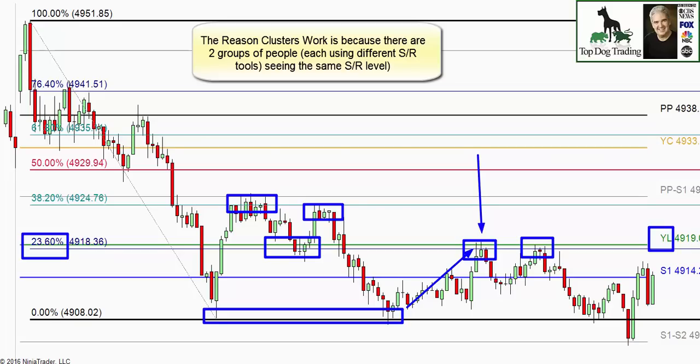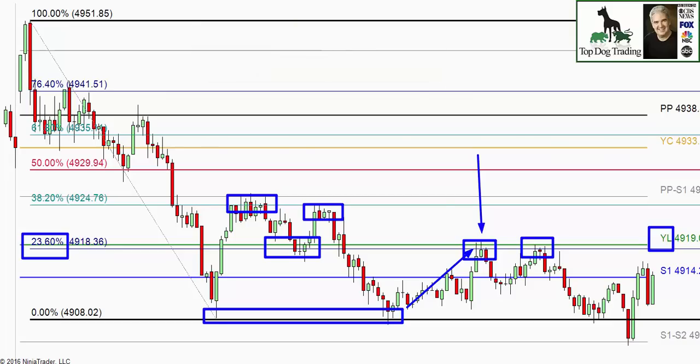So it creates more market participants watching that level and responding to it. They have that on their charts as a support or resistance level. Therefore, they will respond to it by either buying or selling or taking profits. And so the whole reason that clusters work is just that you have more people watching it and responding to it. And that's the logic as to why these levels work.